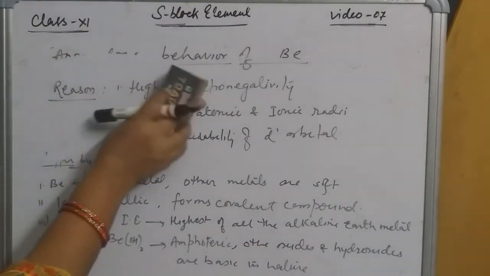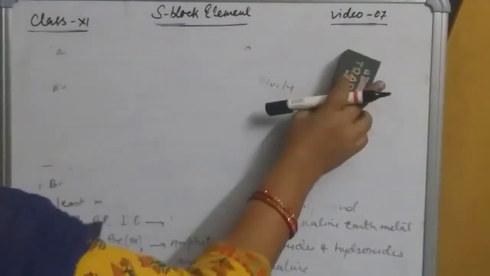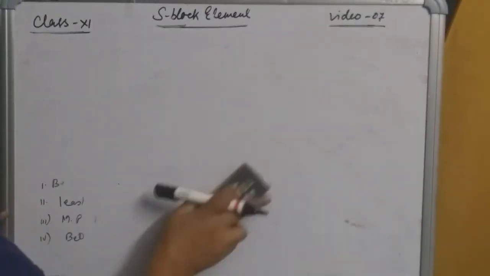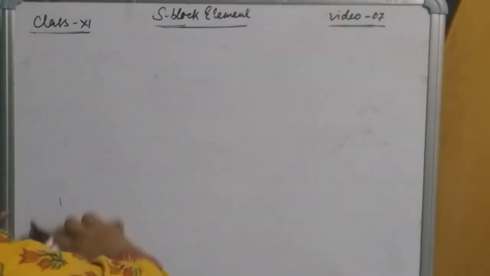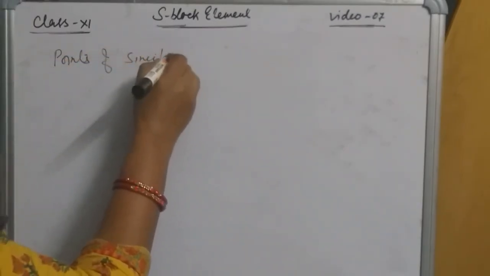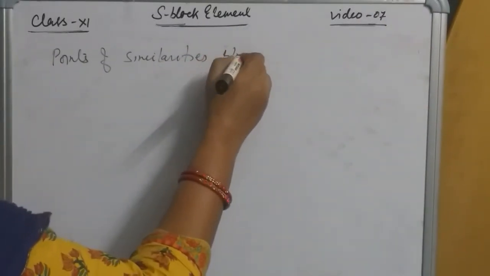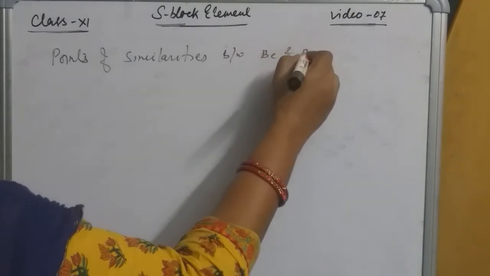Points of similarity in the diagonal relation means beryllium with aluminum. Diagonal relationship of beryllium: points of similarity between beryllium and aluminum.